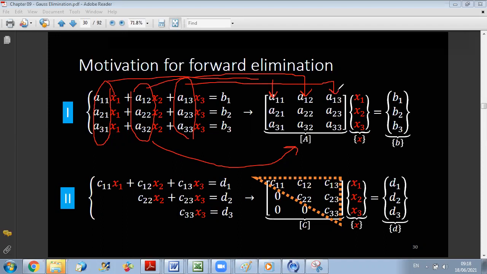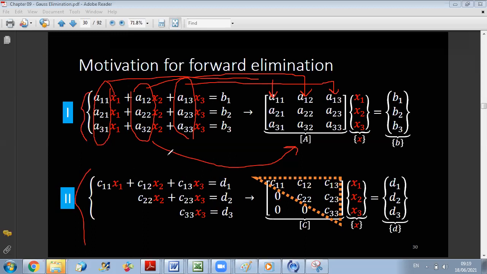Now, it seems that it's a little bit complex. Here, because I have a lot of coefficients, I don't have zeros. When I have zeros, it will help me, and I can put zeros in a way that gives me a very fast solution. Let us see how. I can replace this system of linear equations by another system that will give me the same solution, of course, because if it does not give me the same x1, x2, x3, it's meaningless.